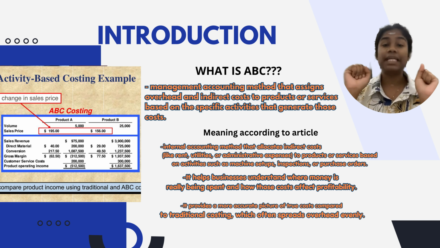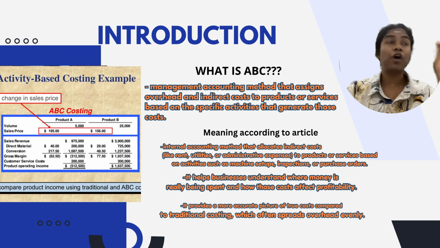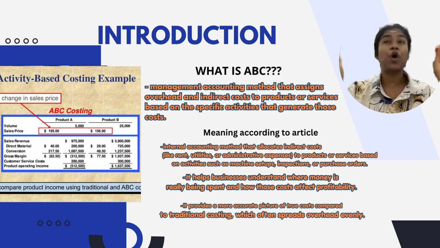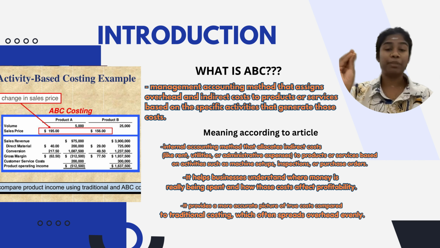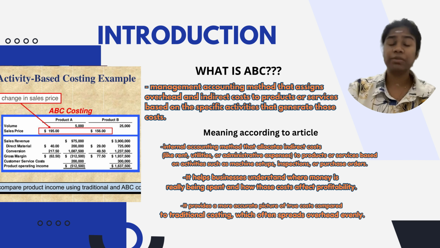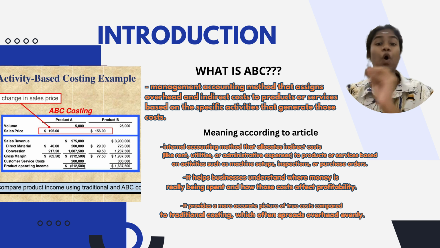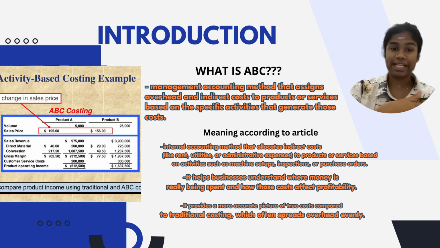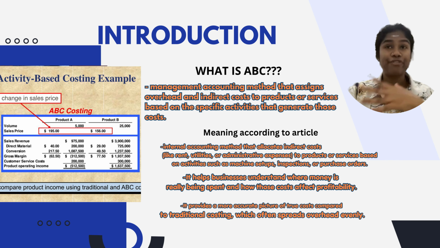ABC changes that. Instead of just spreading the cost evenly, it looks at the actual activities that consume resources. Think about machine setups, quality checks, packaging, or customer service. Each of these activities uses time, money, and effort.